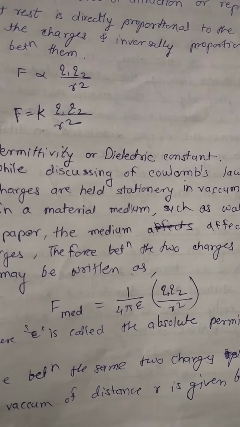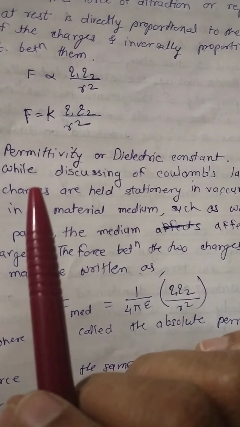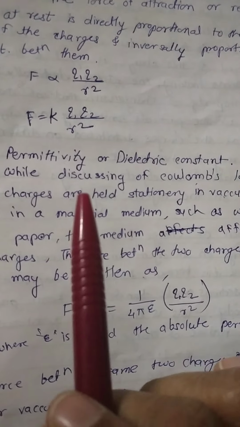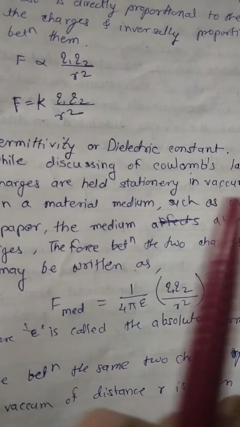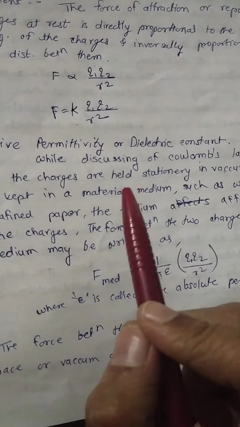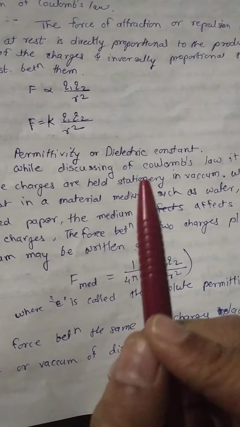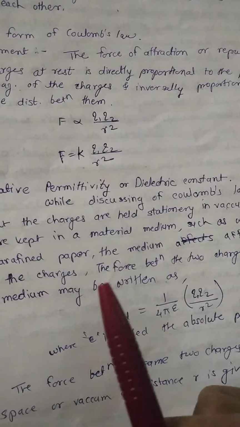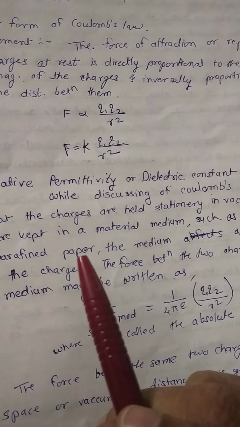Here we see that Coulomb's law held for charges stationary in vacuum, meaning no medium, no air. Then suppose we keep them in a material medium such as water, mica or paraffin paper.